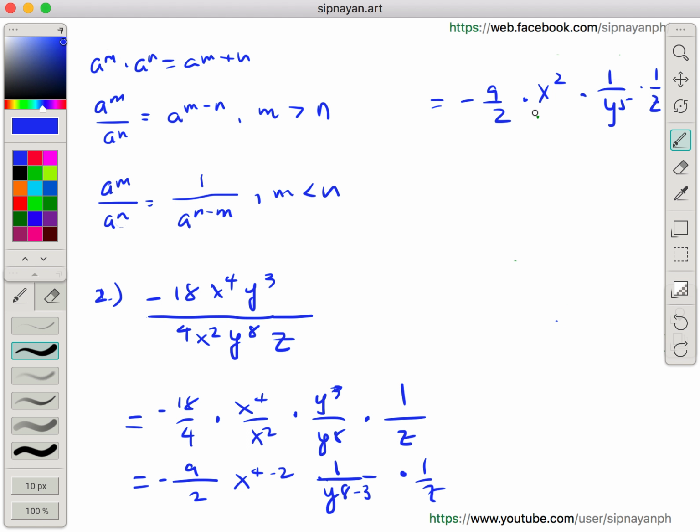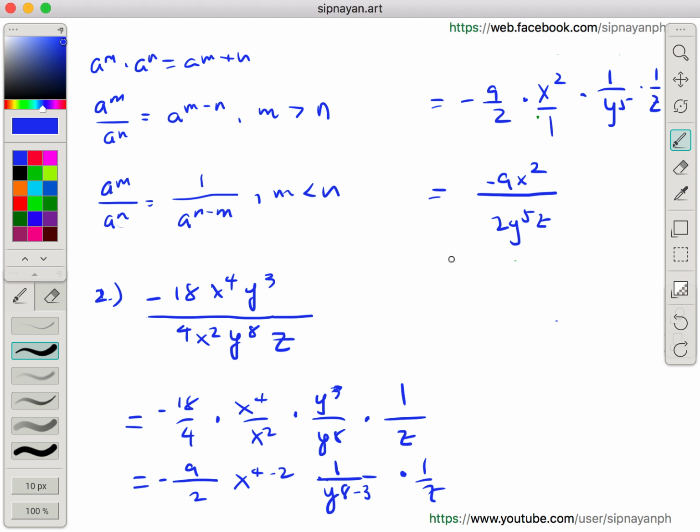Para hindi tayo malito, lagyan na natin ito ng over 1 kasi hindi naman siya fraction. So negative 9 times x squared times 1 is negative 9x squared, and then 2 times 1 times y to the 5th z is 2y to the 5th z.